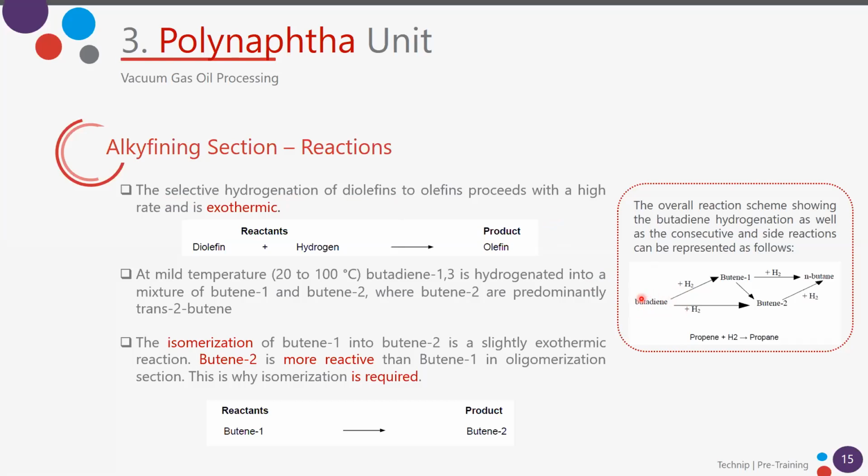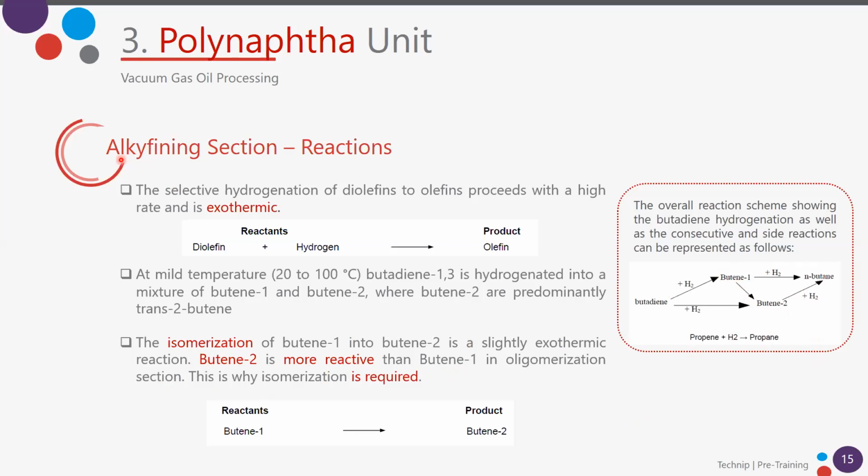So you will react this butadiene with hydrogen, and you will produce butene 1 or butene 2, and then you will have also isomerization of this butene 1 to butene 2, and you will have to avoid these reactions, okay? And this compound is better for the oligomerization section. So these are more or less the reactions that take place in the reactor in the alkyphining section.